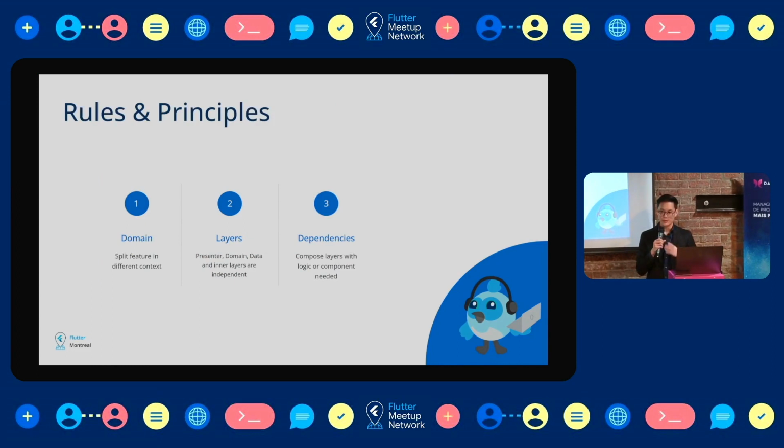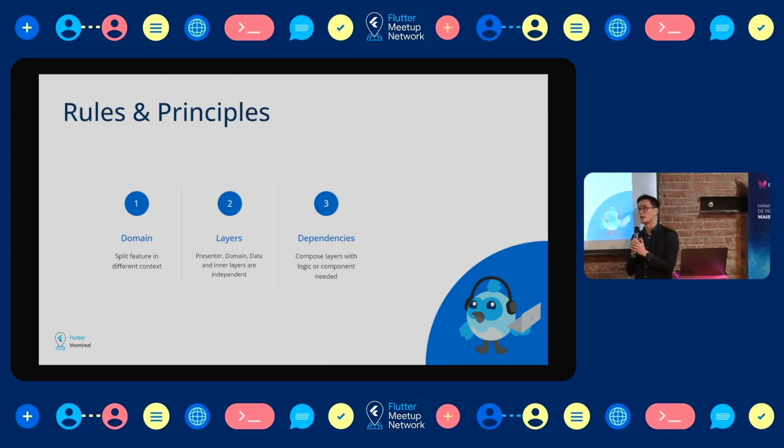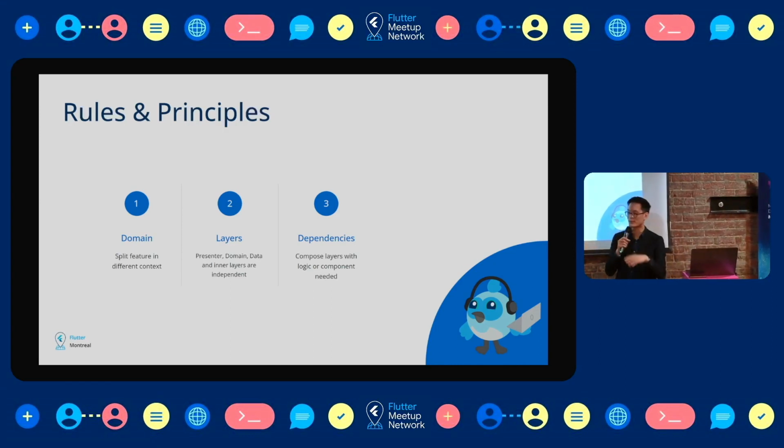A few rules and principles about the architecture I'm presenting: we split things into domains. For example, if you have a shopping app, you might divide everything into cart, products, settings, and user profiles.